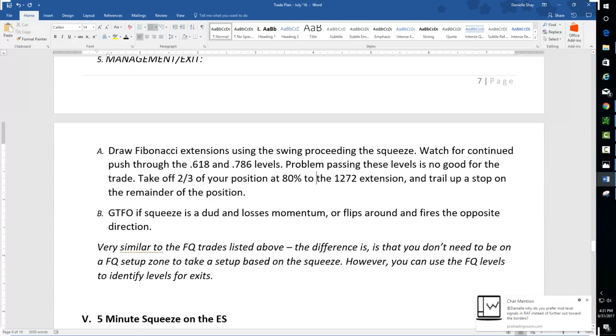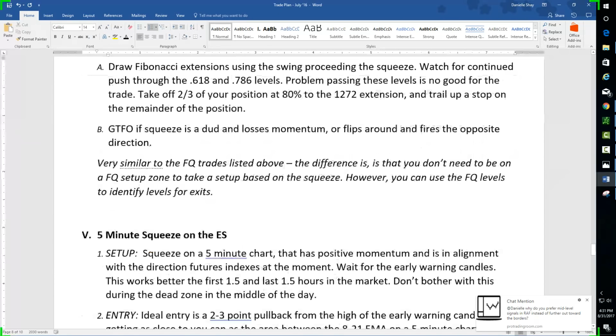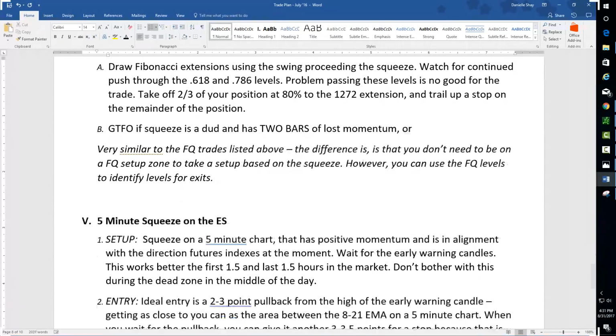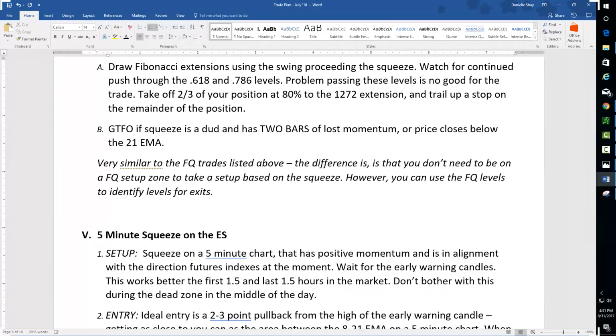Trail up a stop on the remainder. Get out if the squeeze is a dud and has 2 bars of lost momentum, or price closes below the 21 EMA.